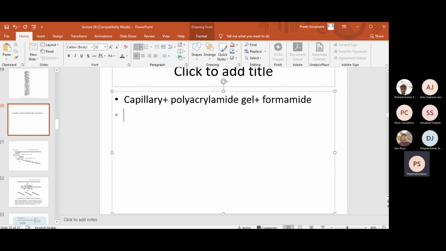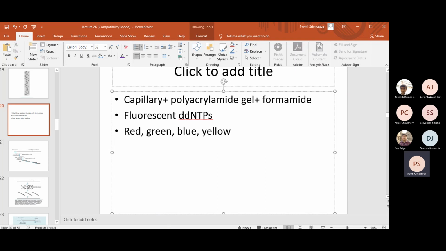Because it's a tiny capillary, you cannot have a separate well for G, a separate well for A, a separate well for T, and a separate well for C. So what is done is that fluorescently labeled dideoxy molecules are used. One is labeled with red, one with green, one with yellow, right?